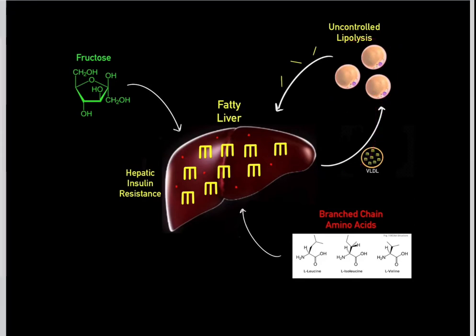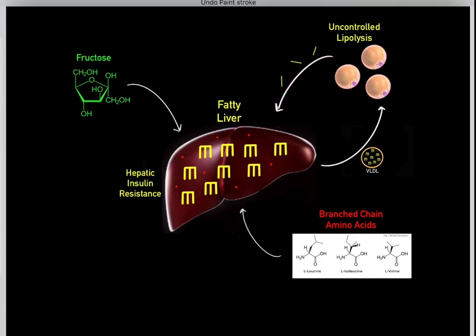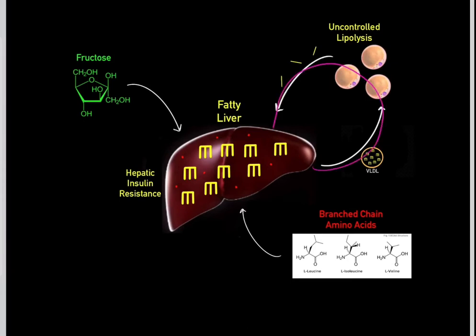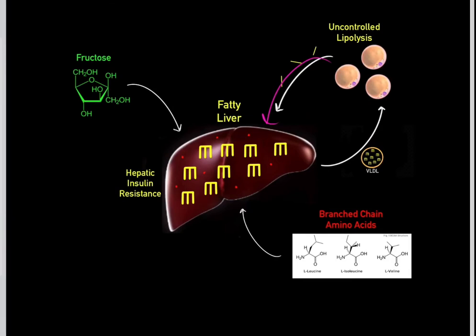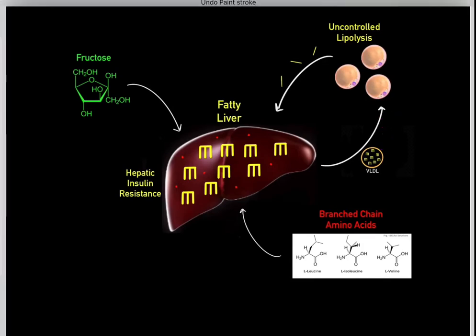So now the adipocytes regain those free fatty acids, and we know once they gain those free fatty acids, they go through uncontrolled lipolysis. So they release those free fatty acids, which are taken up by the liver. So you can see how this is going to stimulate a vicious cycle of VLDL secretion and lipolysis, which will increase the levels of VLDL, which subsequently will increase the levels of LDL.